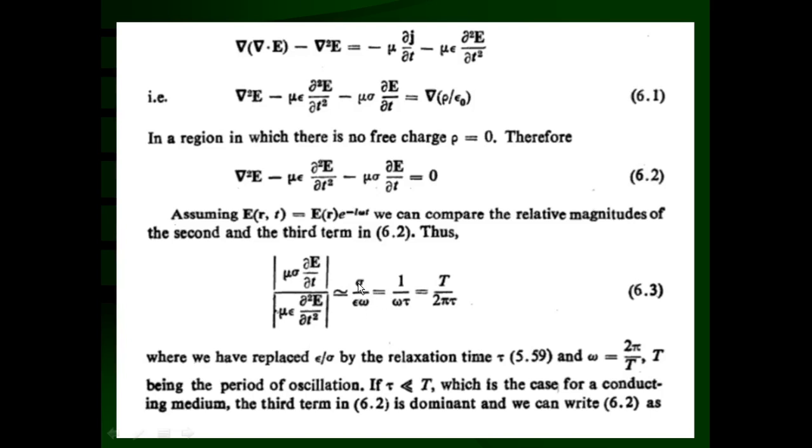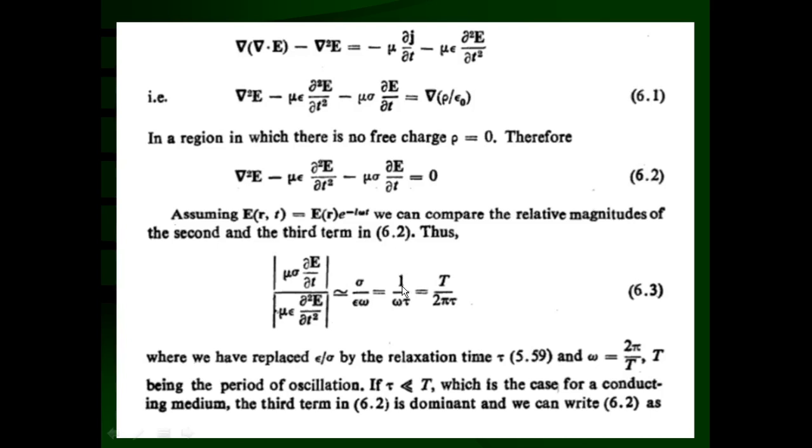If you take σ into the denominator, it becomes ϵ/σ, and ϵ/σ is nothing but the relaxation time, which we have already studied in a previous chapter, in the decay of free charges. That means the charges decay very fast when the switch is opened.